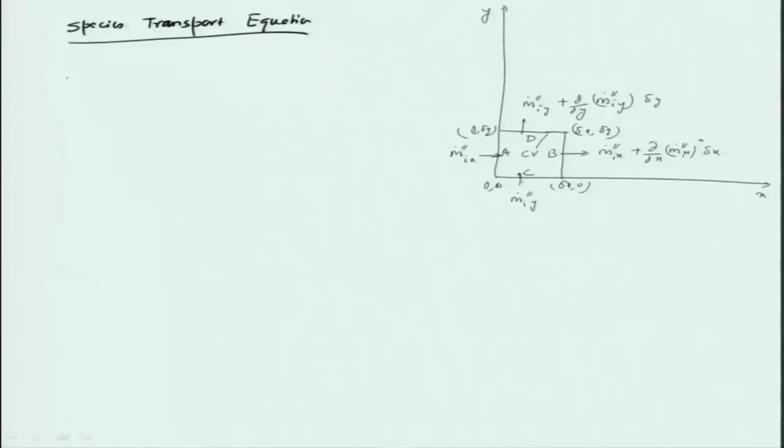So, let us carry out a mass balance for the ith species. The ith species can be methane, it can be hydrogen, it can be anything; if it is a binary mixture, it will be methane and hydrogen. So, what is that?